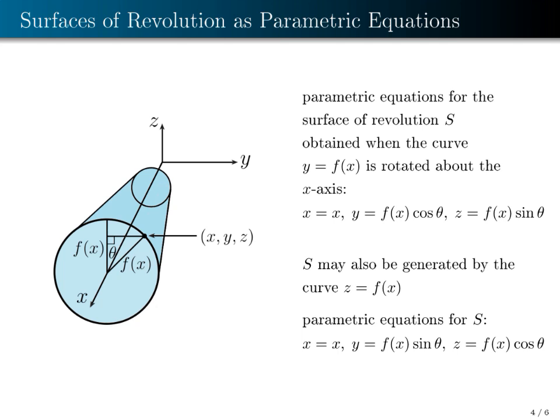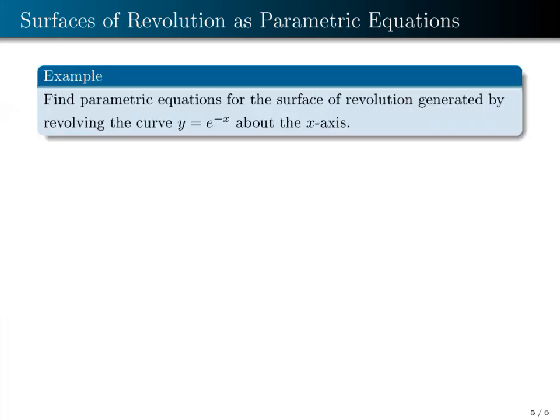And z equals f of x cosine of theta, because the z-coordinate of the point is the length of the side adjacent to theta in the right triangle. As you can see, the difference of this parametrization from the previous parametric equation is that the expressions for y and z are interchanged. We now illustrate what we have discussed in the next two examples.